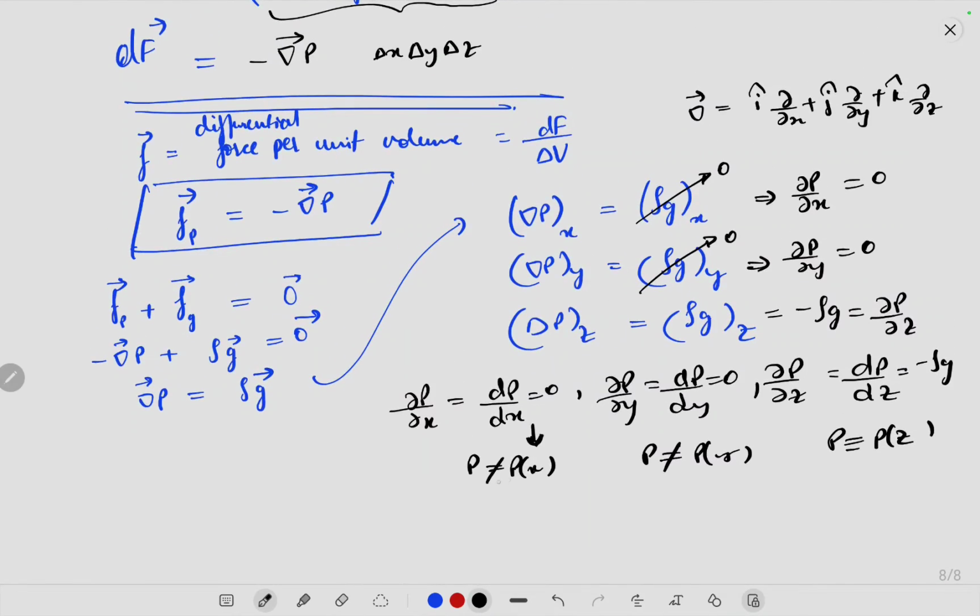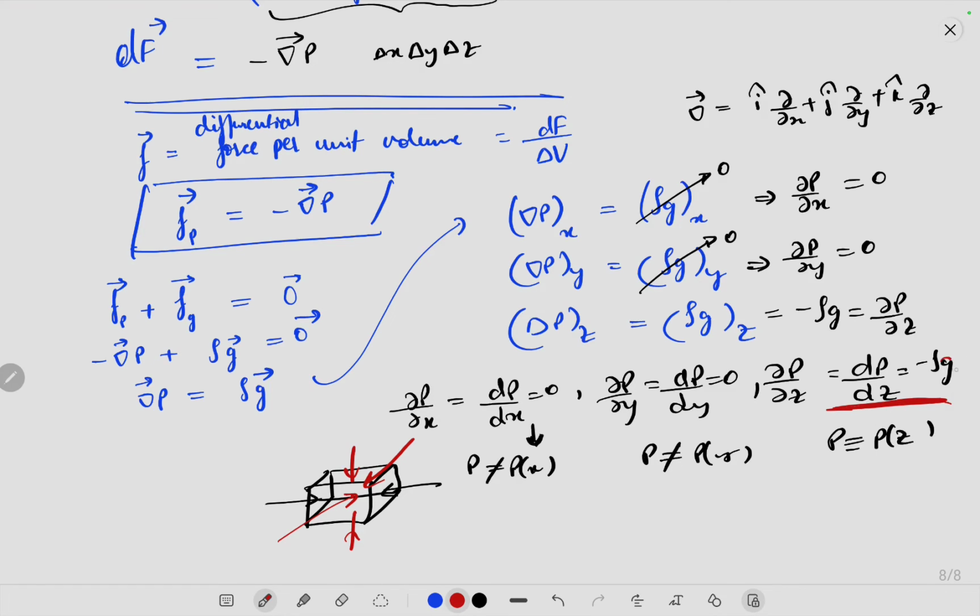So what do we imply from here? That if you have a cubical fluid element, then this pressure value and this pressure value are equal, this pressure value and this pressure value are equal, and this pressure value and this pressure value have a relationship which is given by this expression.